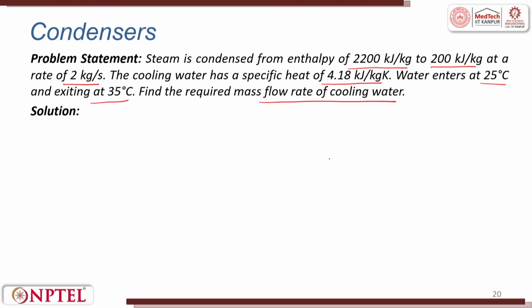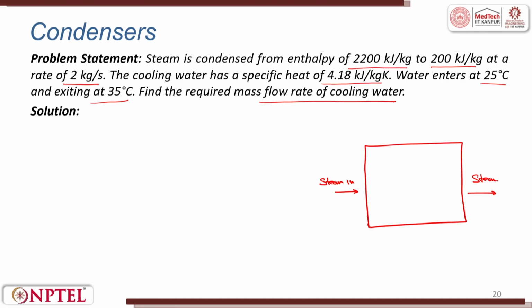It says there is a condensing system, or I'll call it a condenser, that turns steam into water. So there is steam in and steam out. This is a condenser.